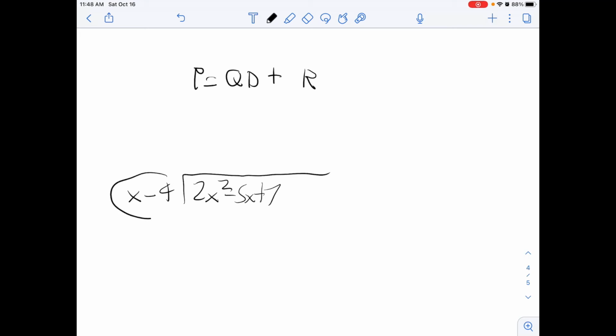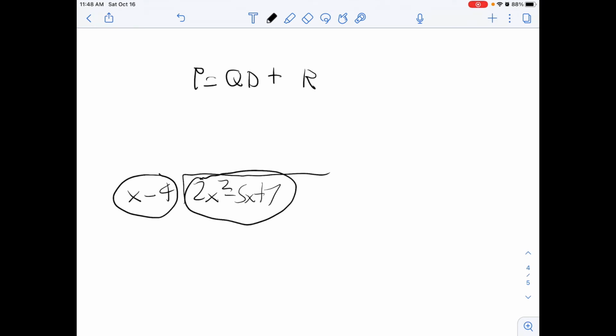The degree of the divisor must not be greater than the degree of the polynomial.